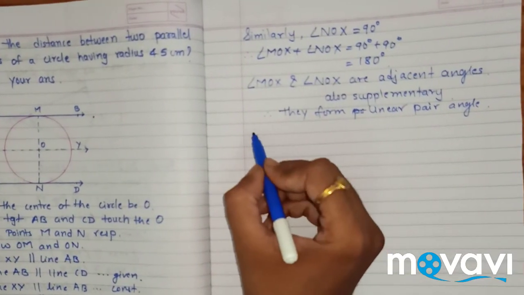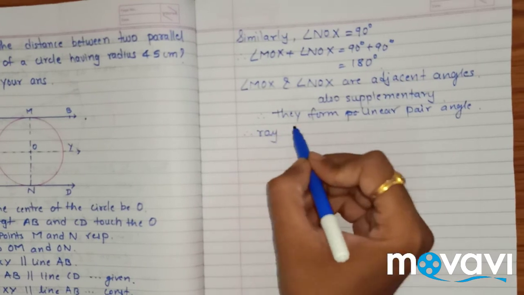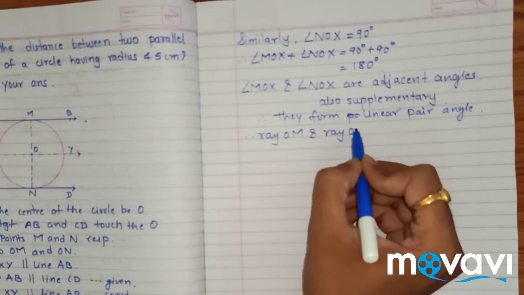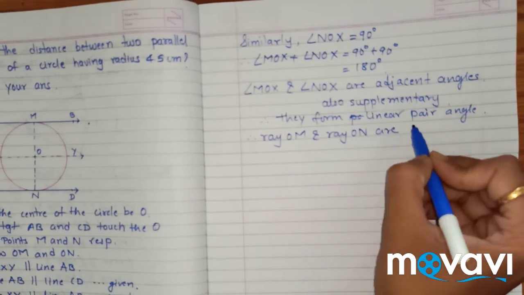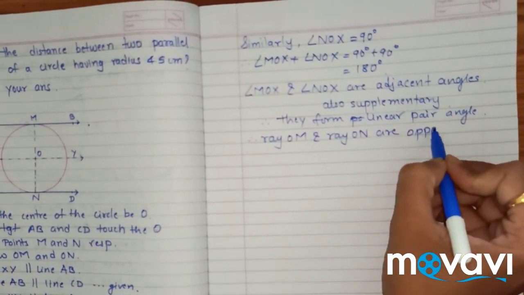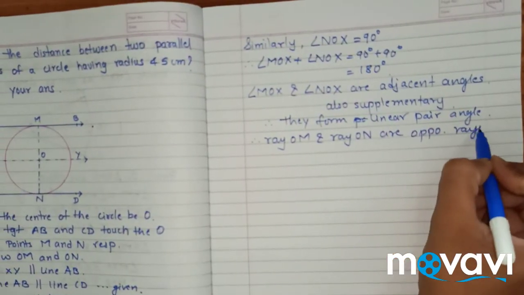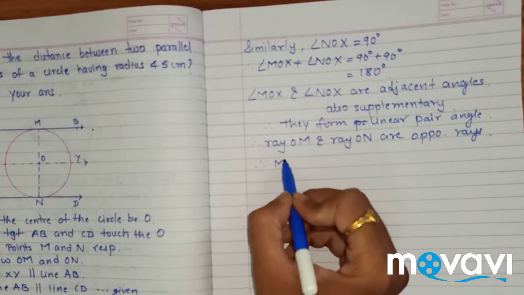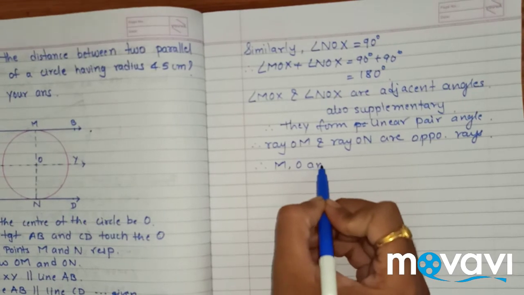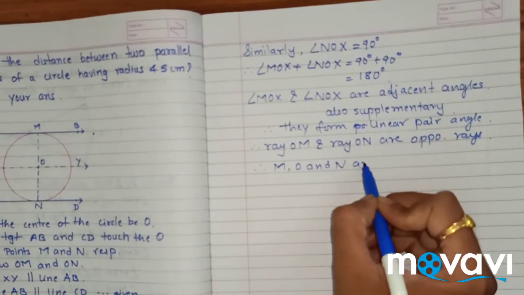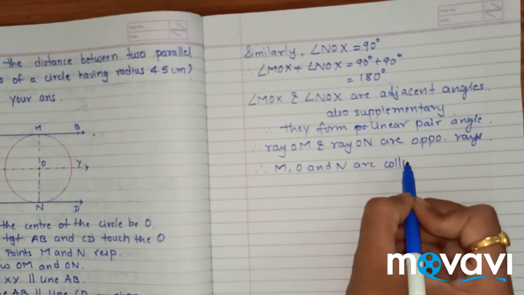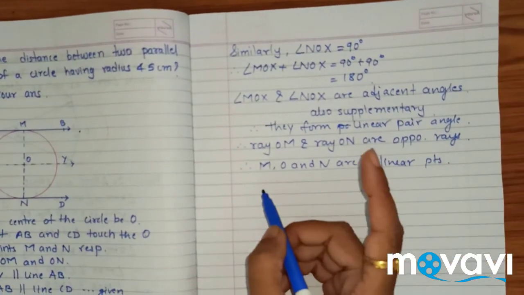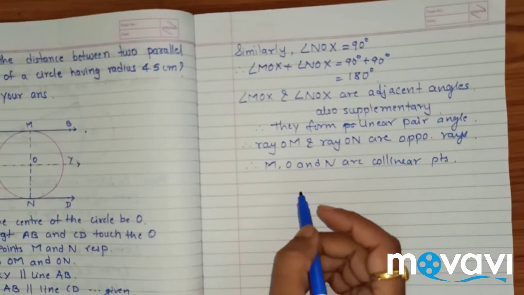Now see here, ray OM and ray ON are opposite to each other, opposite rays. From this we can conclude that M, O and N are collinear points. Collinear points means they lie on the same line.